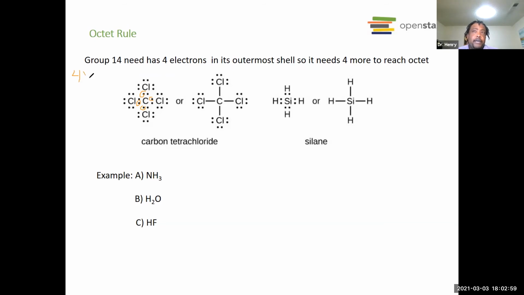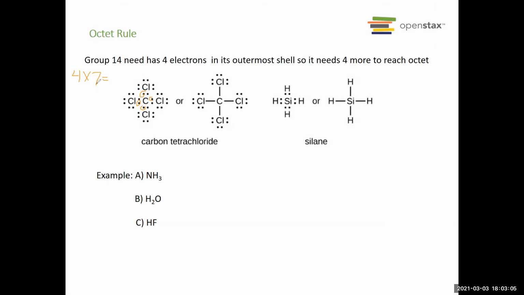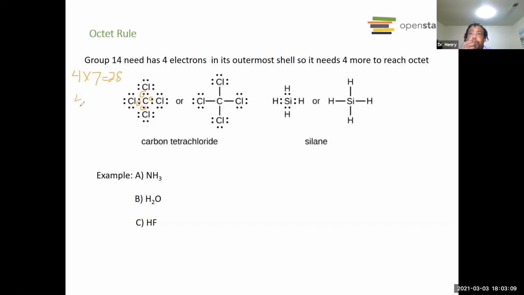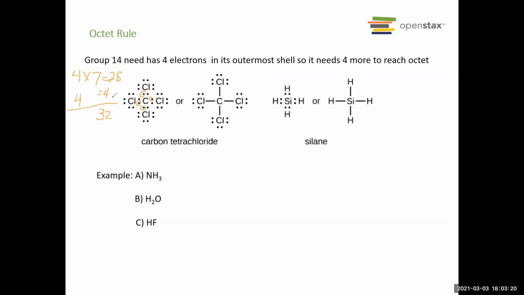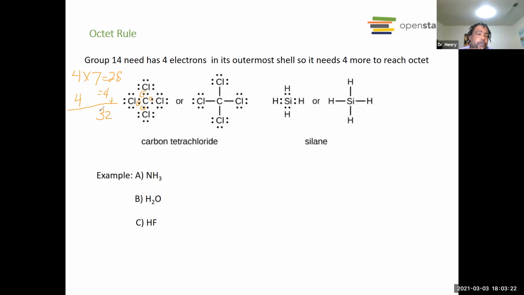So if we have 4 times 7, how many electrons would that be? 28. Plus the 4 given by carbon, 28 plus 4 is 32. So we have a total of 32 electrons to work with.